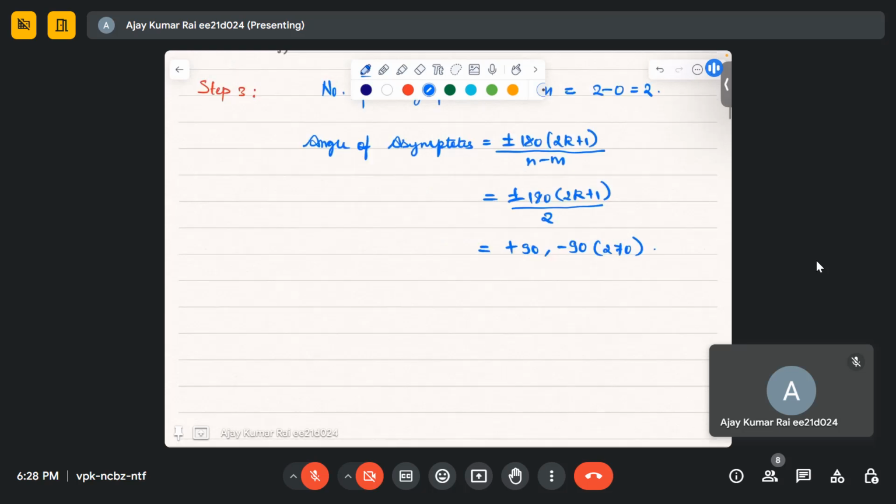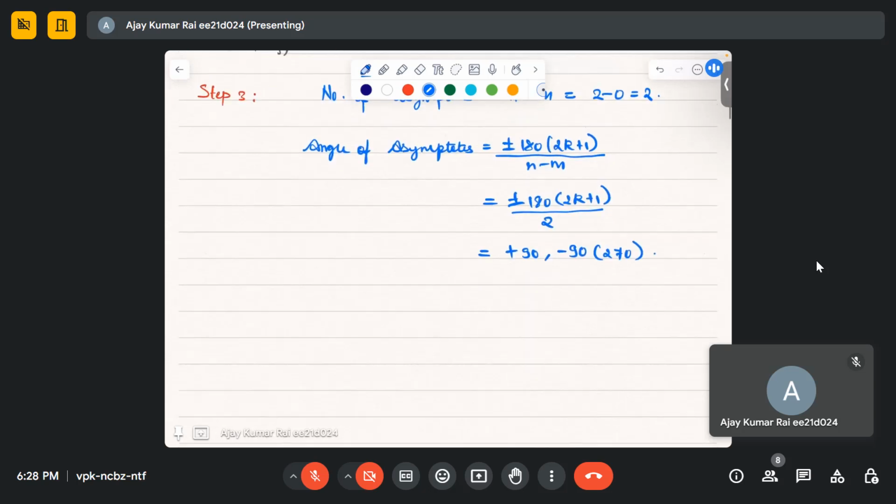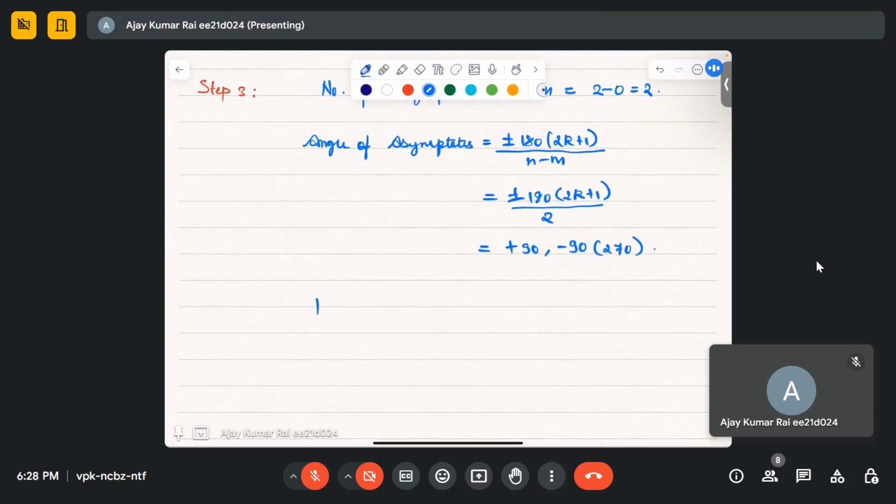Again, what we have to find out is the point of intersection of asymptotes. What is that?